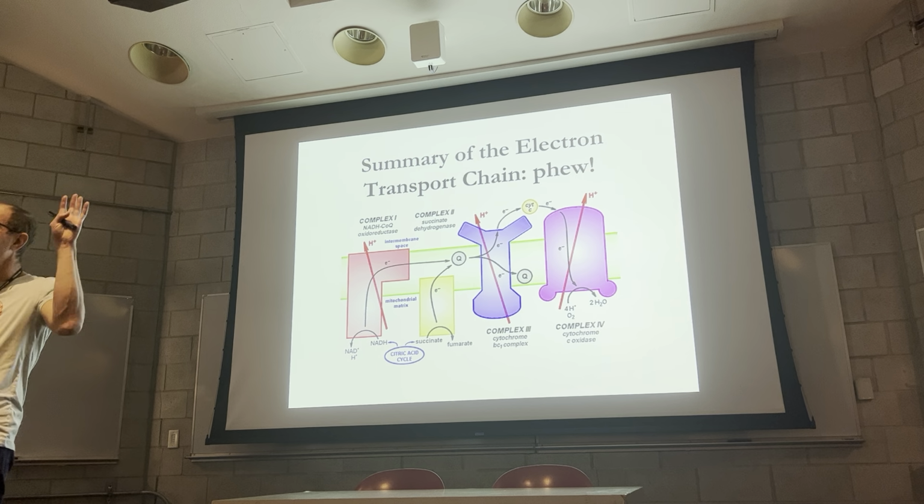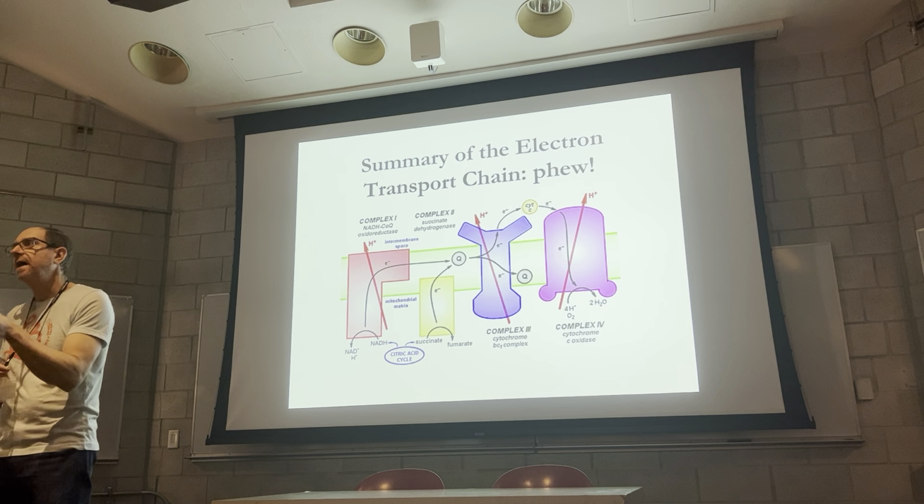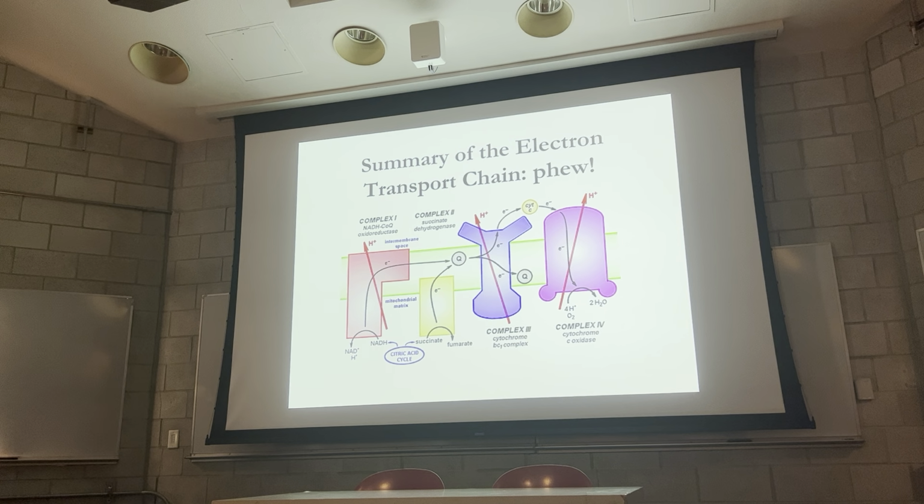So we have 4 complexes. Complex 1 is going to catalyze the oxidation of NADH. Complex 2 is going to catalyze the oxidation of FADH2. The complex 1 reaction releases more free energy. So in addition to generating QH2 for the Q pool, there's sufficient free energy to catalyze a series of conformational changes that make it favorable to pump protons against the proton gradient.